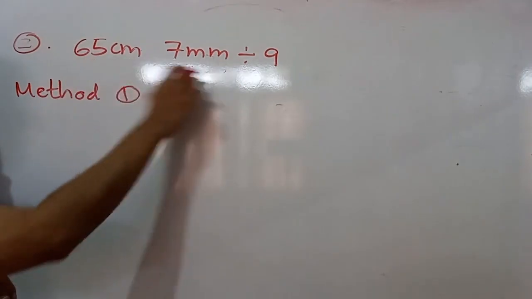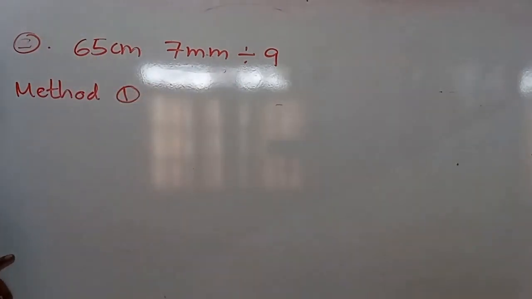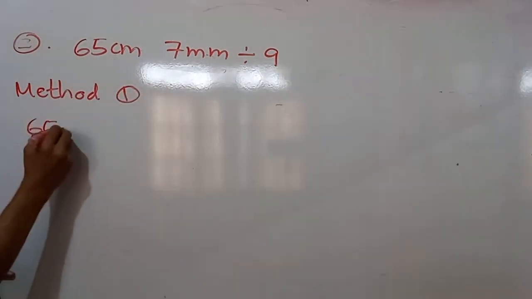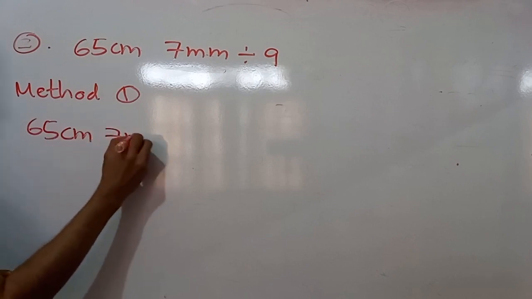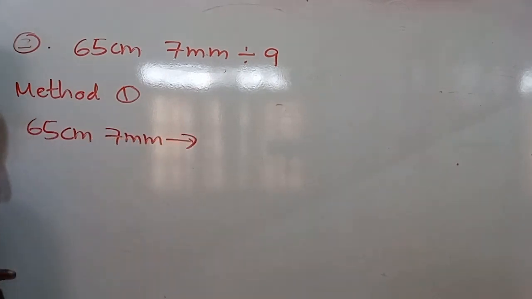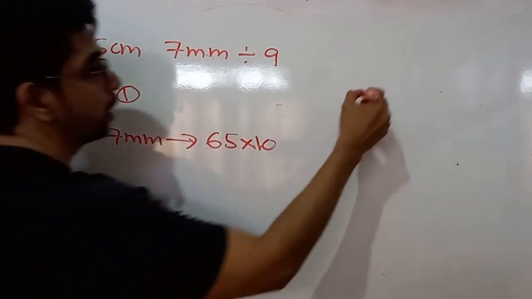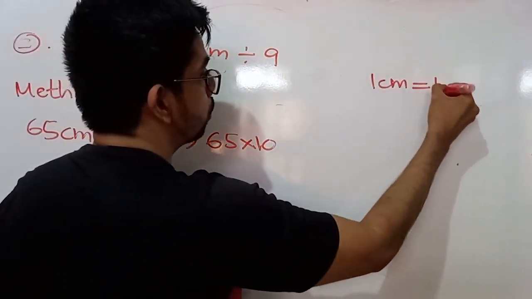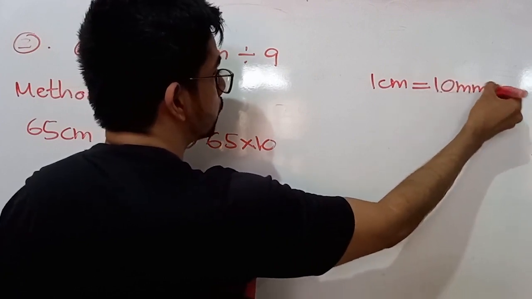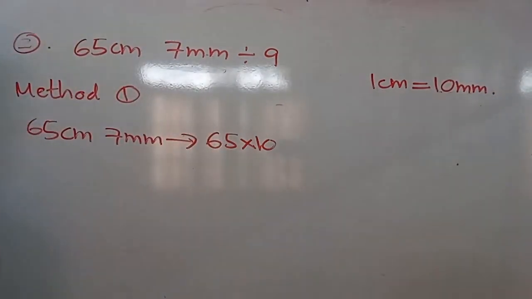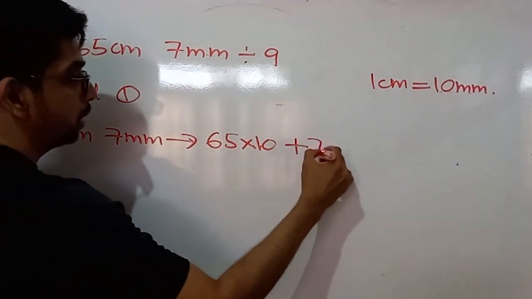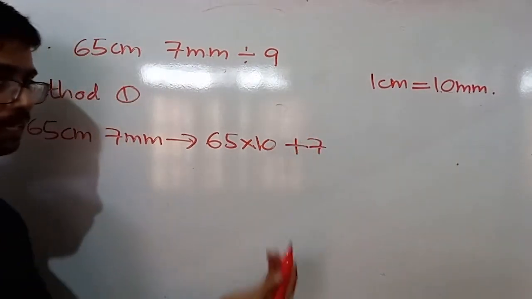So we will convert this length into millimeters. So 65 centimeters and 7 millimeters. Right? So 65, we have to multiply that by 10. Why? We know 1 centimeter is equal to 10 millimeters. Plus 7.